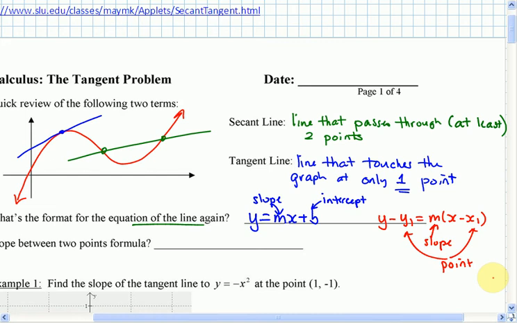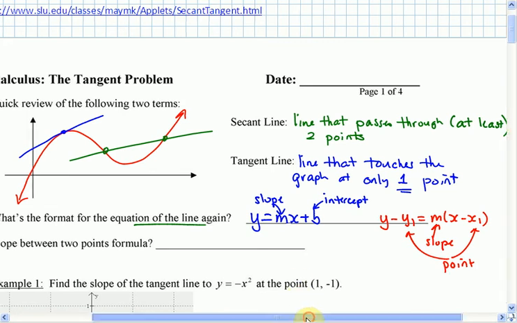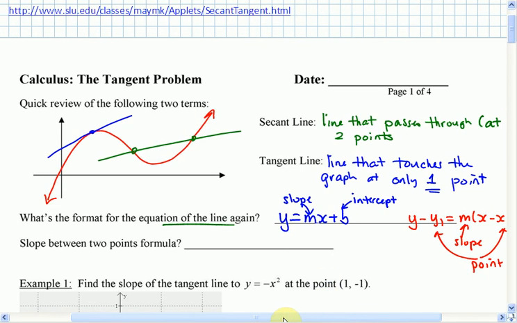And then one other thing I'd like to review before we even start our first adventure into calculus is what's the formula to calculate the slope between 2 points? y2 minus y1, all over x2 minus x1. And if you remember the song, anyone remember the song?